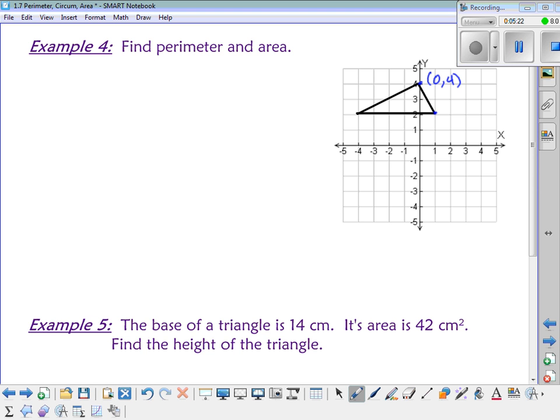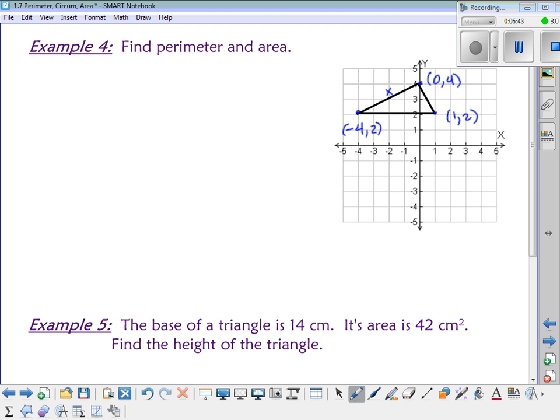Here we are at 1, 2. And over here we're at negative 4, 2. So say I'll just call this side x for now.